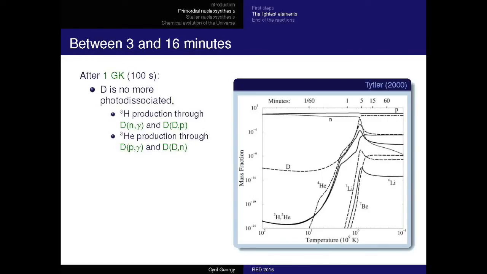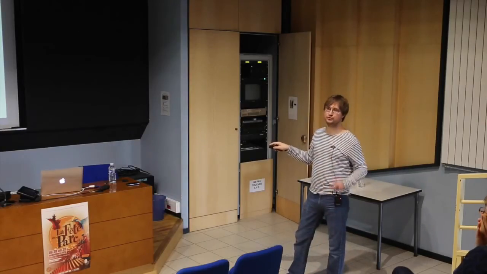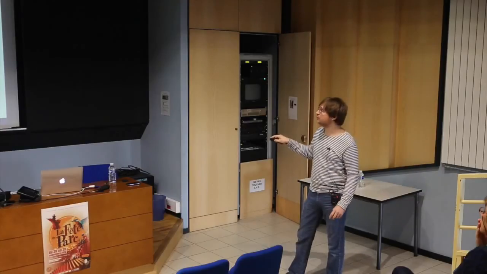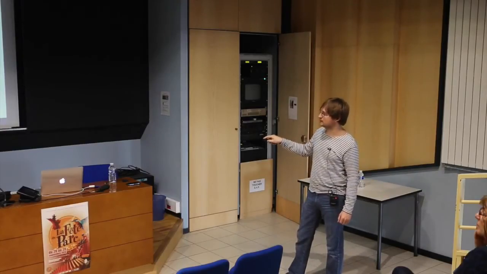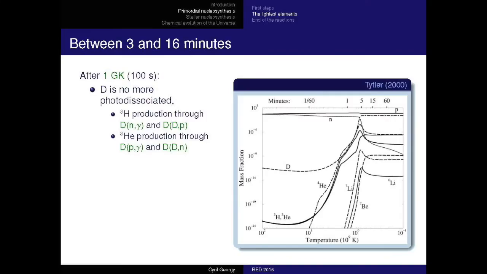So at the very beginning, at high temperature, you basically only have protons and neutrons. Very little deuterium, because it is produced and destroyed immediately, and still less hydrogen-3 and helium-3. When the temperature starts to decrease, these elements are not destroyed anymore, so you have an increase of the mass fraction of deuterium here, for example.